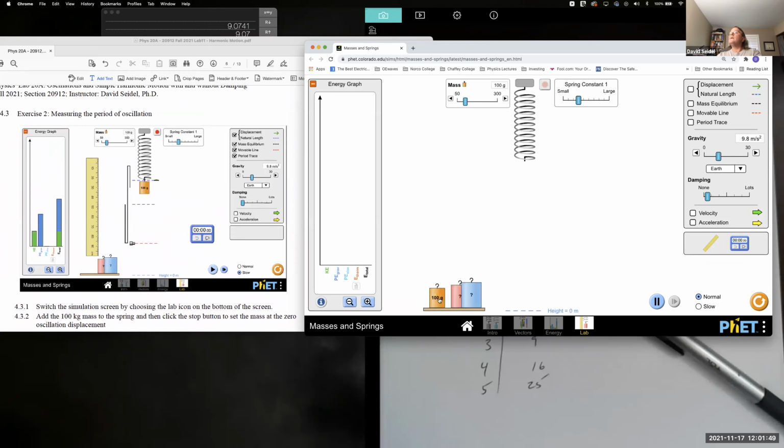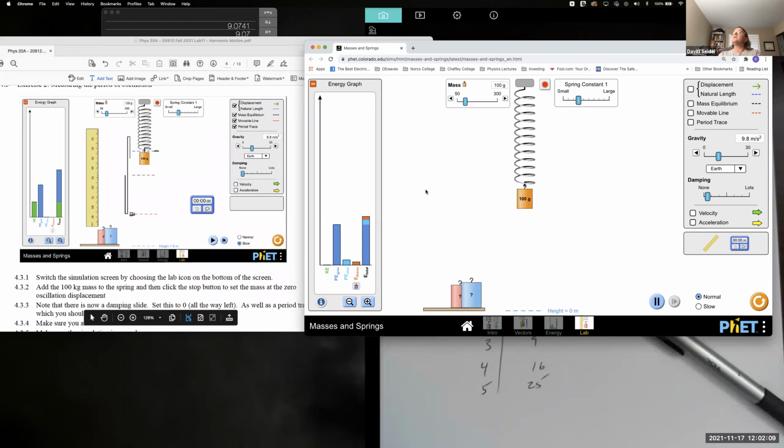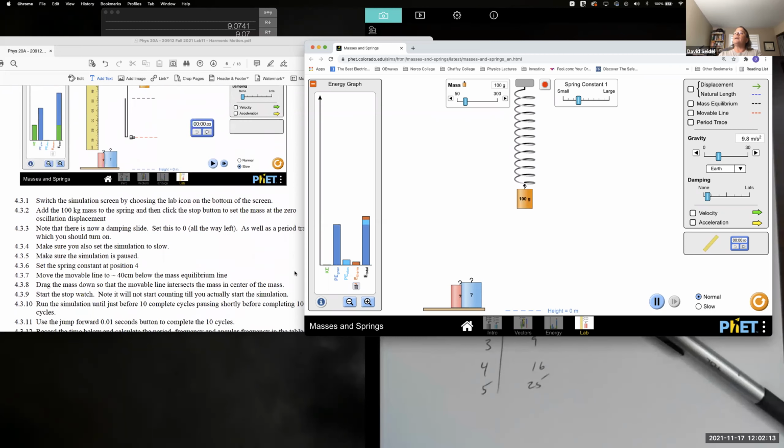I'm pulling up the same one. In this lab here, this says 100 grams. We can add the 100 gram and then click the stop button. Now we're going to measure the spring constant a different way.